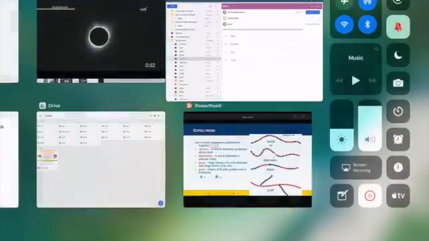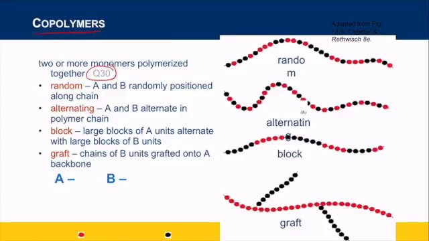All right, so let's go back to this. So copolymers, there's 4 types of copolymers, and basically this would be the attachment of different polymers together. So say the black is polyethylene and the red is polypropylene. So 2 different types of polymers. Polyethylene has the carbon-carbon and hydrogens.